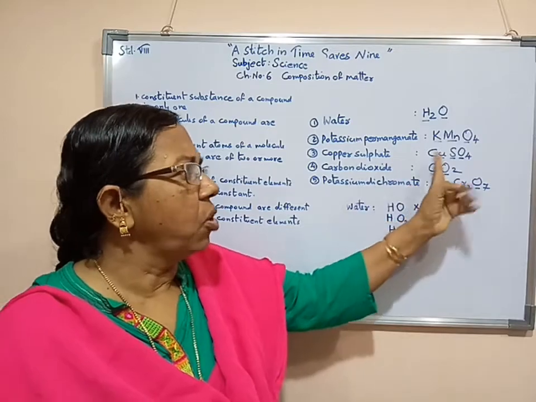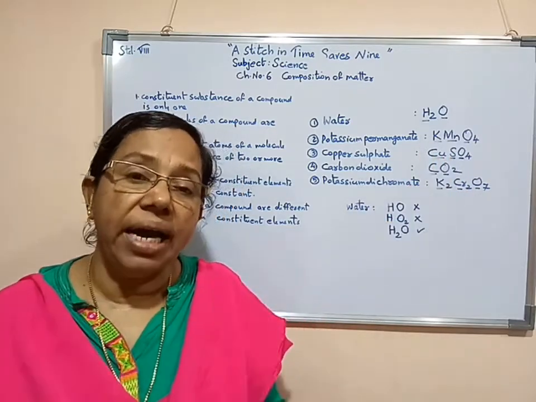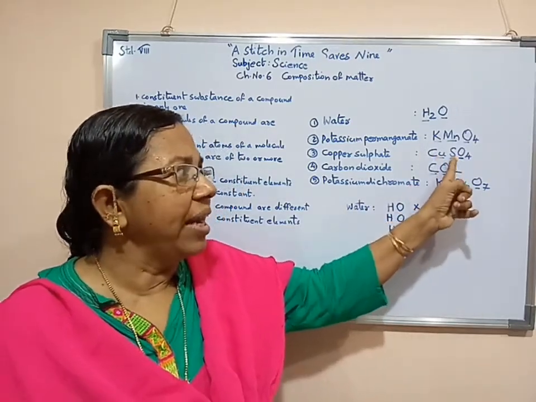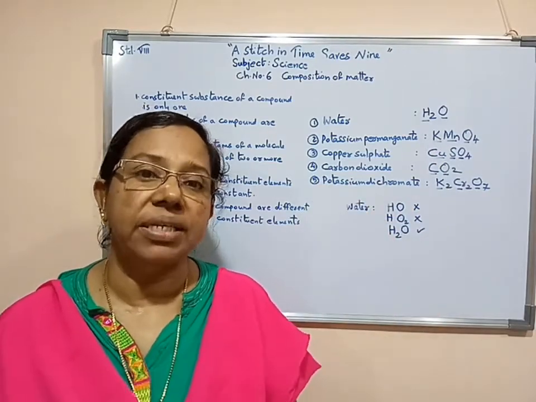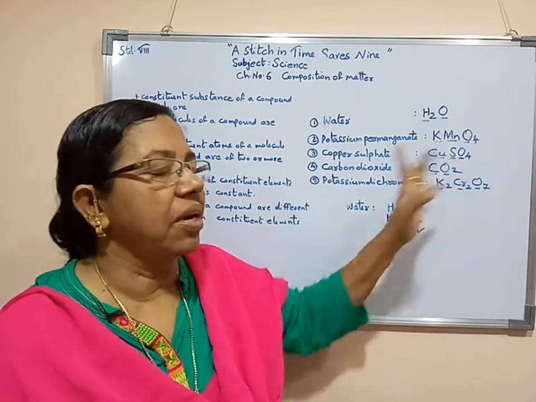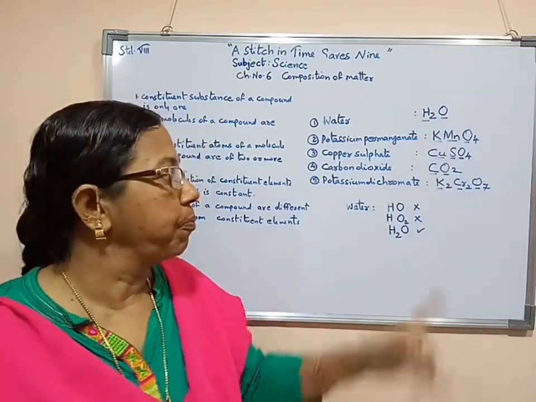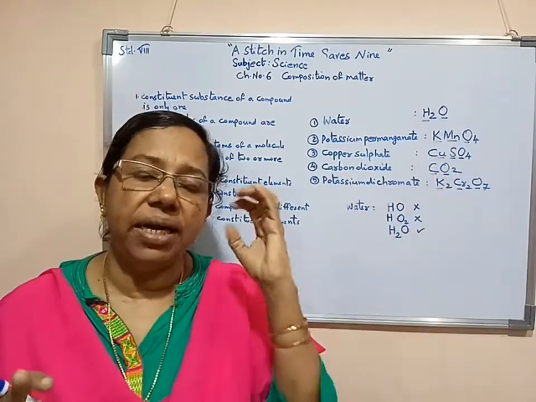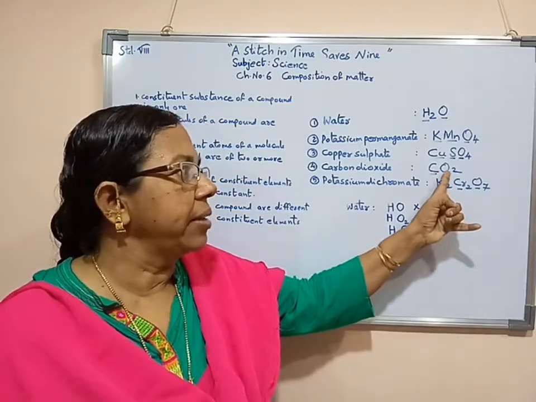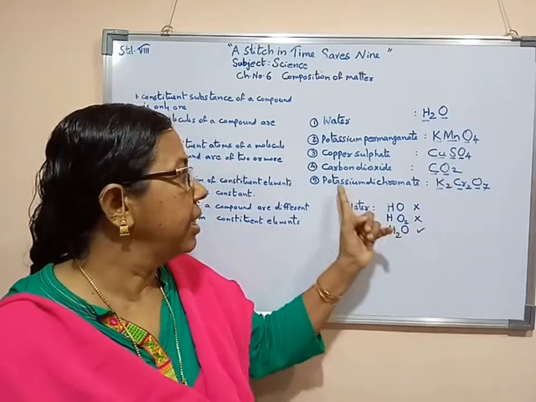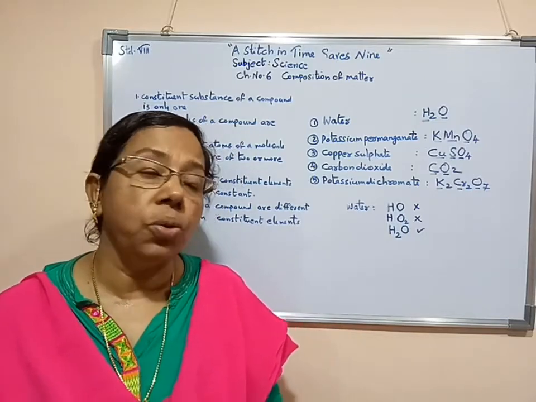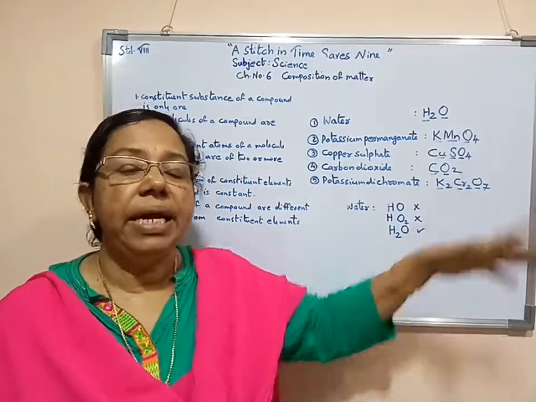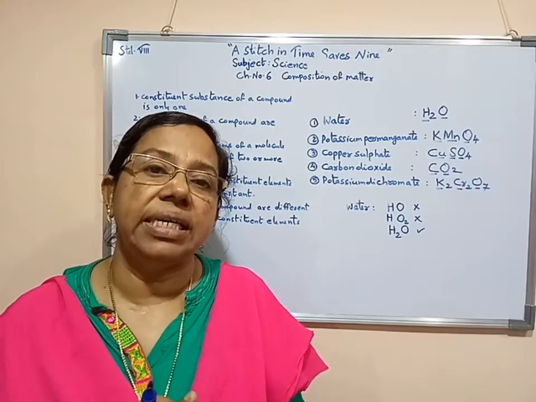When we study copper sulfate, in that there is one atom of copper, one atom of sulfur and four atoms of oxygen compulsorily, then only a copper sulfate molecule can form. Carbon dioxide has one atom of carbon and two atoms of oxygen compulsorily. Potassium dichromate has two atoms of potassium, two atoms of chromium and seven atoms of oxygen compulsorily.